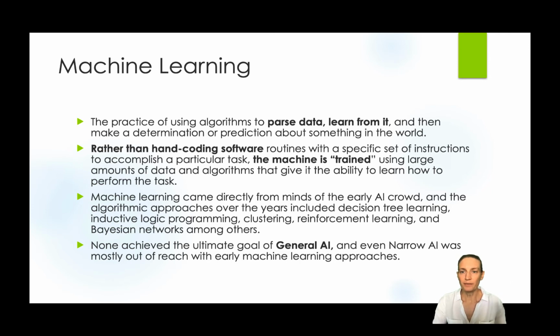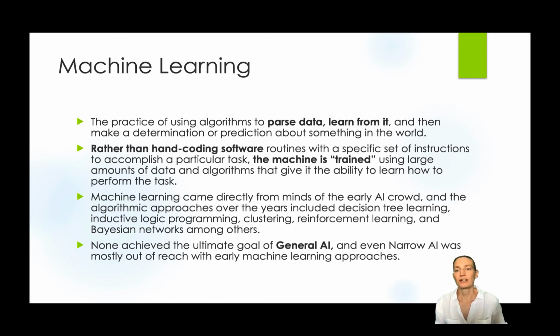In machine learning, we usually parse a lot of data and then learn models from this data so that we can predict something that's going to happen in the world. Okay, so rather than hand coding rule-based models, we actually try to train the machine to automatically predict what's going to happen without giving it rules.